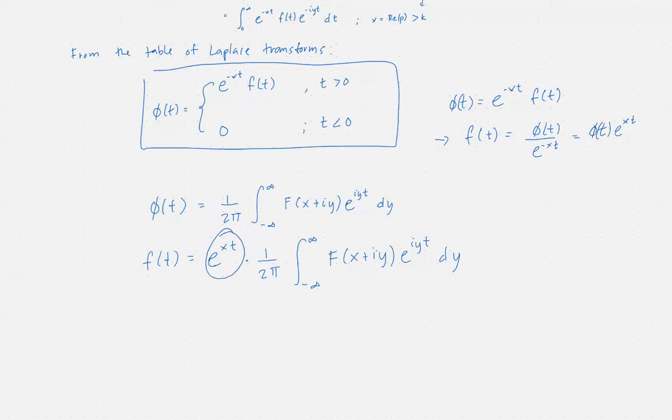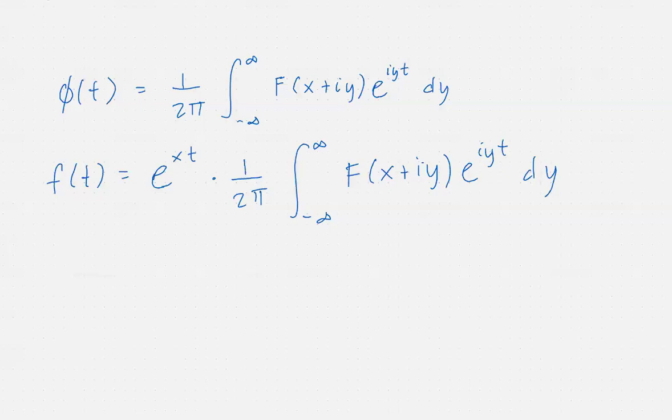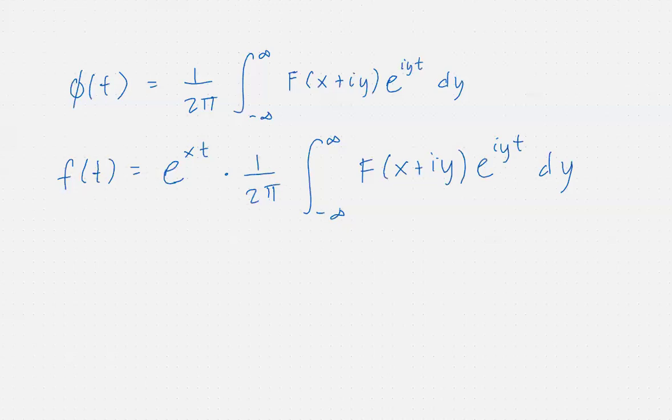Now that we have this form, we can simplify this. So we have e raised to xt here, and we do have another exponential here. They both have the dependence on t, so we can actually combine these two. So we can write this as 1 over 2 pi integral from negative infinity to infinity of F of x plus iy.